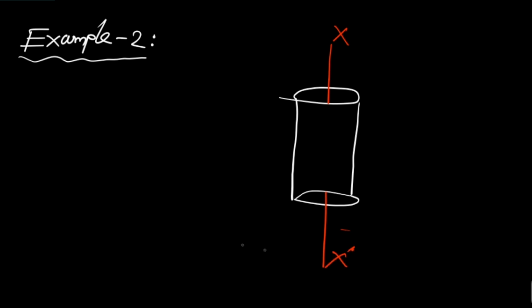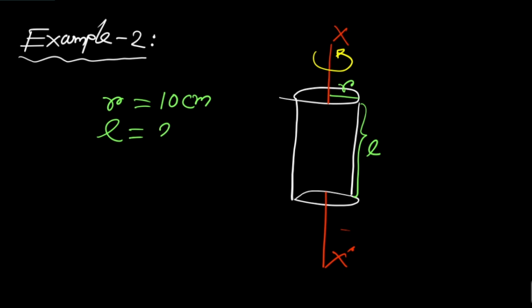X prime is the rotational axis, and this is the direction of the rotation. Here this is the radius and this is the length. Length is L. Suppose the radius is 10 centimeter, the length is 20 centimeter, and the mass is 4 kg.